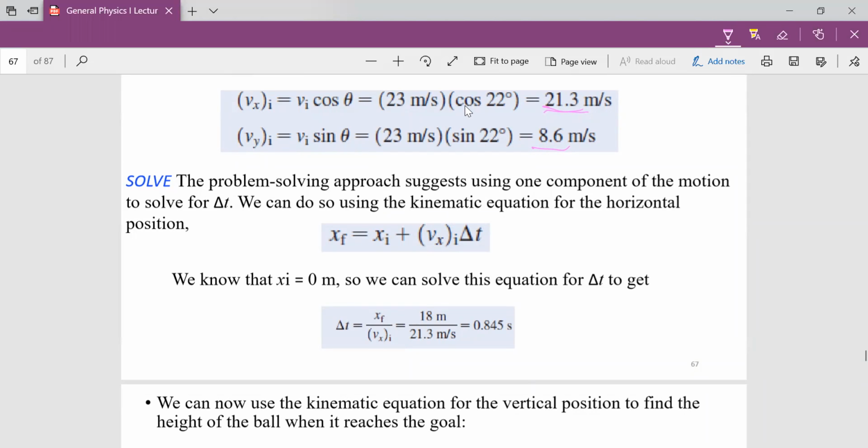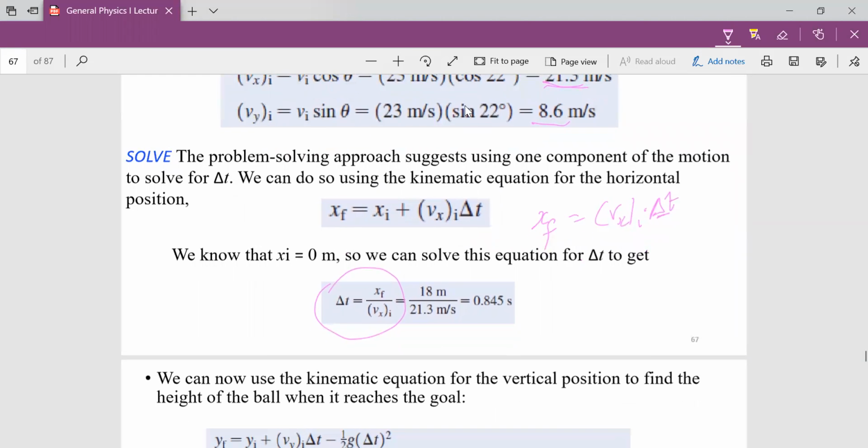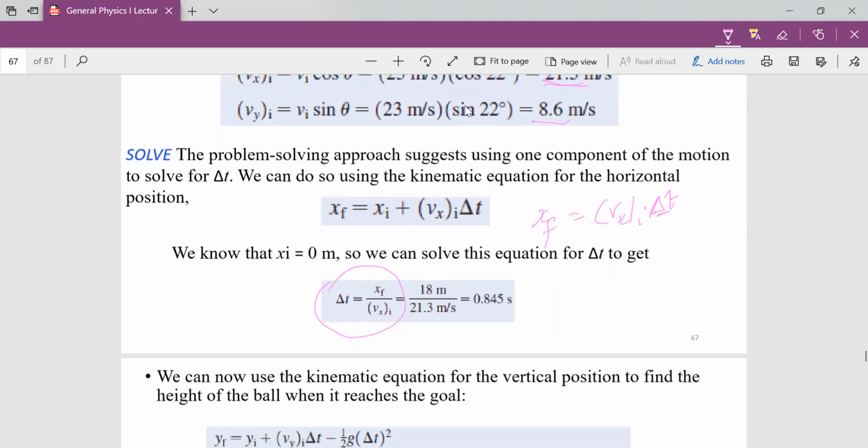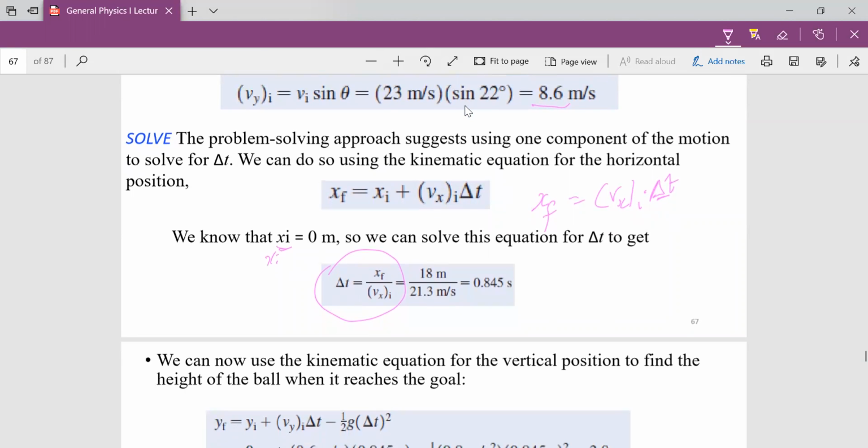Either we'll move it to change in T, or because this is already established to be 0, it's just going to be X final equal to velocity times change in T. So if you make this the subject of formula, you have this. And input the information you have, which is the final distance or the distance covered. So sorry, this is just X initial, okay? So substituting it into this, the distance is 18 meters from the goalpost.